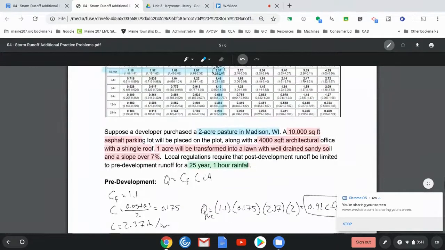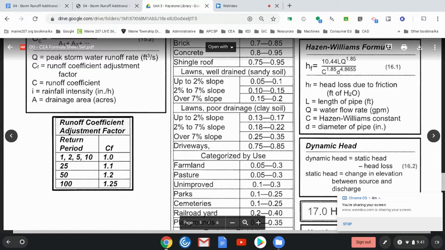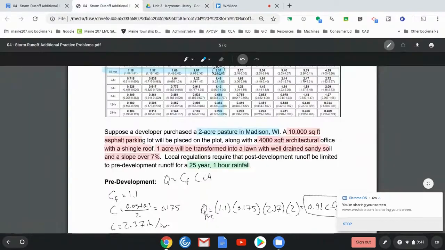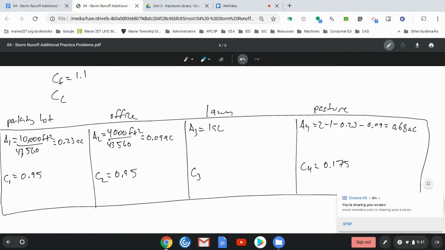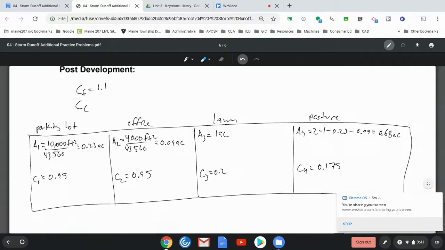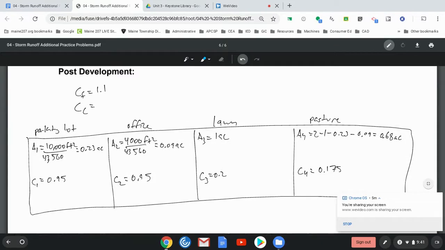It was lawn, well-drained, sandy soil, slope over 7%. Worst case scenario for post-development, we're going to choose 0.2. C equals 0.2.